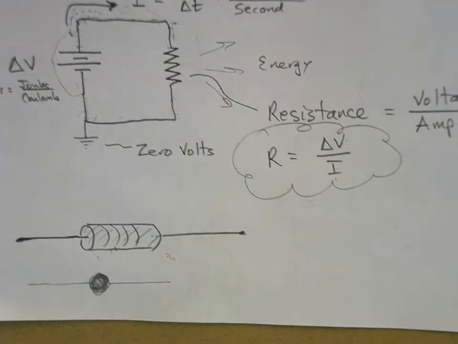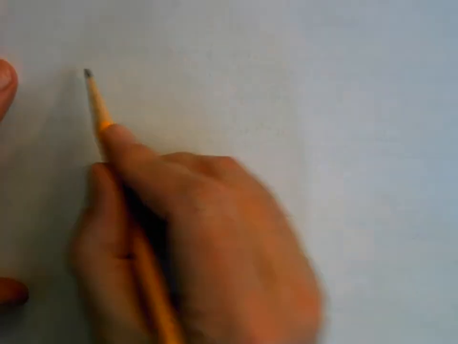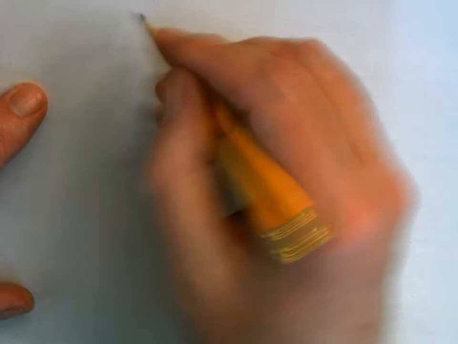So let's say you've got some material that conducts electricity. First of all, let's talk about what's happening in a wire.